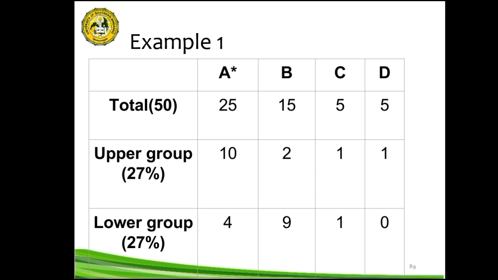So the 27% of 50 is 14. So we have 14 students in the upper group and 14 students in the lower group. In the upper group, 10 out of 14 students got the correct answer, while in the lower group, 4 out of 14 students got the correct answer.